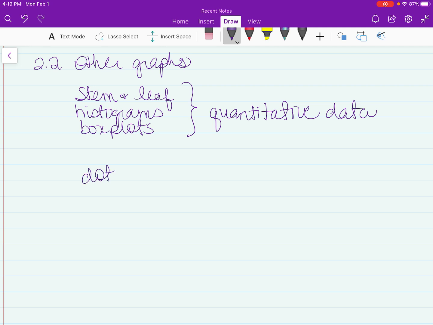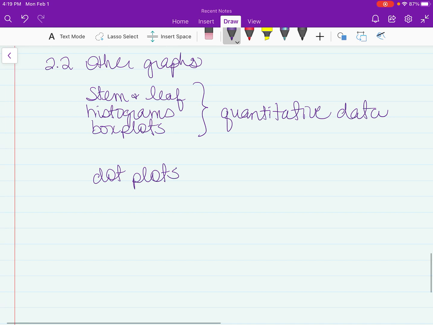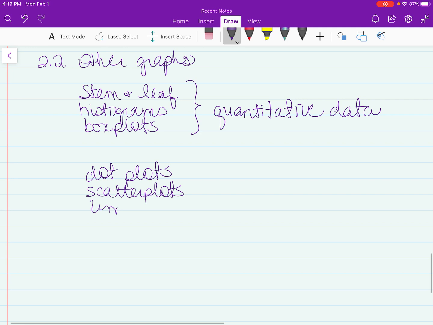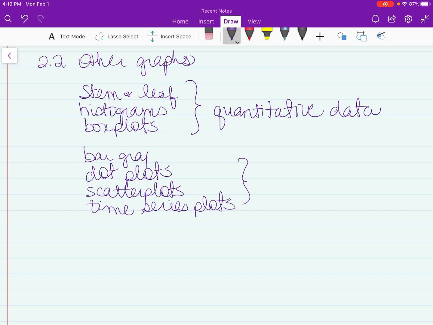Dot plots, scatter plots, time series plots, and bar graphs are more for qualitative data.